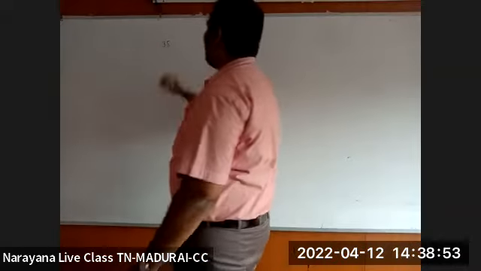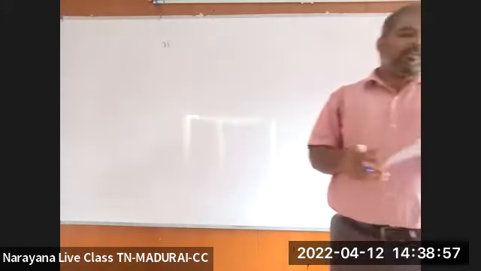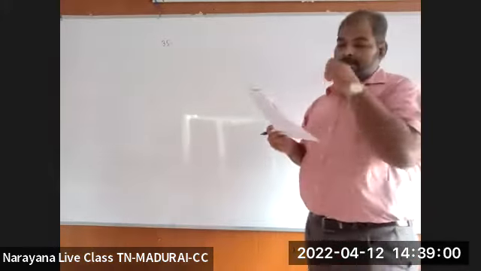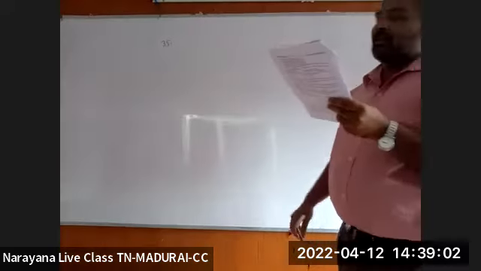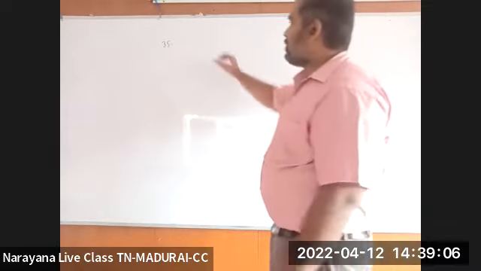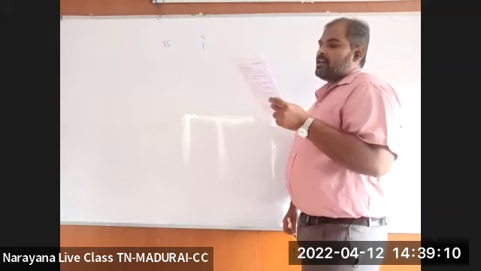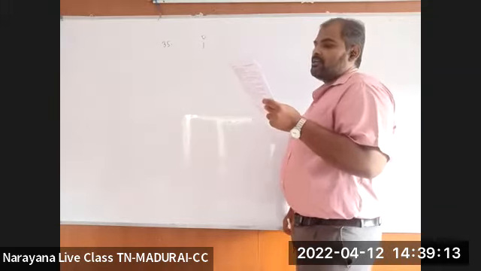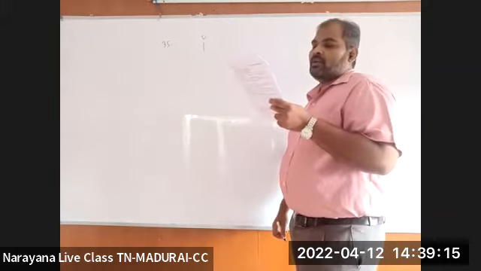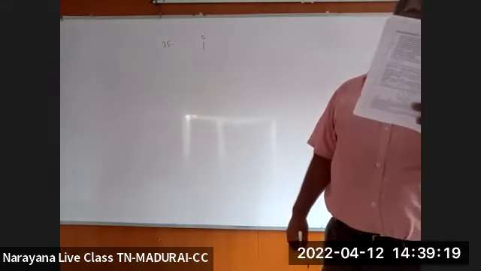Students, question number 35. Question number 33 also, one in that. Question number 35. A rectangular loop carrying a current of 1 ampere, situated near a long straight wire such that the wire is parallel to one of the sides of the loop and it is in the plane of the loop.